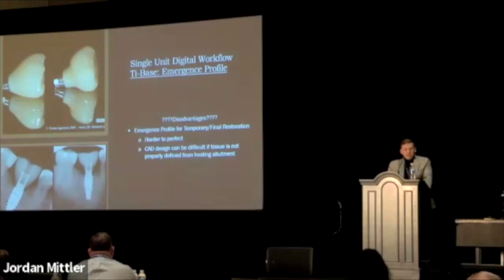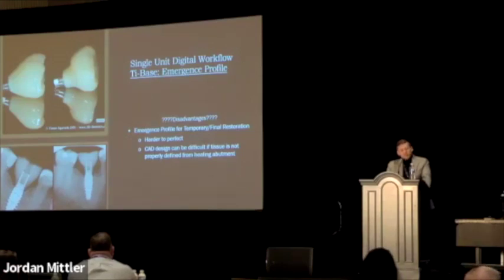The next major issue that people have with tie bases comes down to the emergence profile. Using a tie base, I would say it could be a little bit more difficult or tricky to get a perfect emergence profile, but any experienced CAD designer will be able to do it realistically. On the top picture there, on the left side, that's what we want that crown to look like.